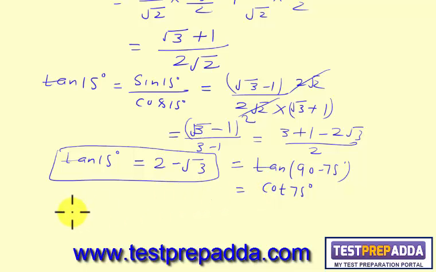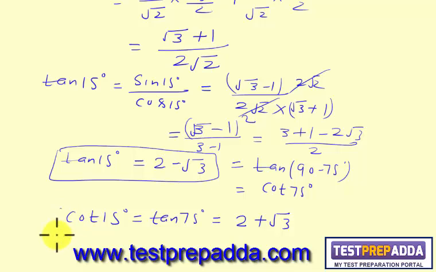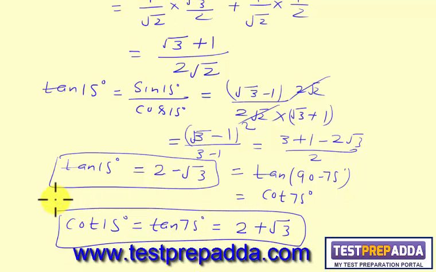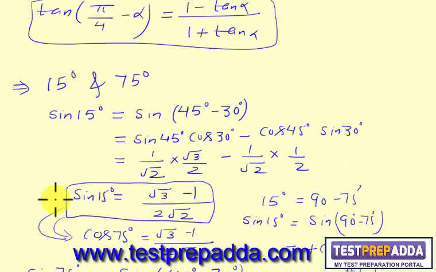Okay. Now, similarly, you can get cot 15 degree, which will be equal to tan 75 degree, and the value will come 2 plus root 3.